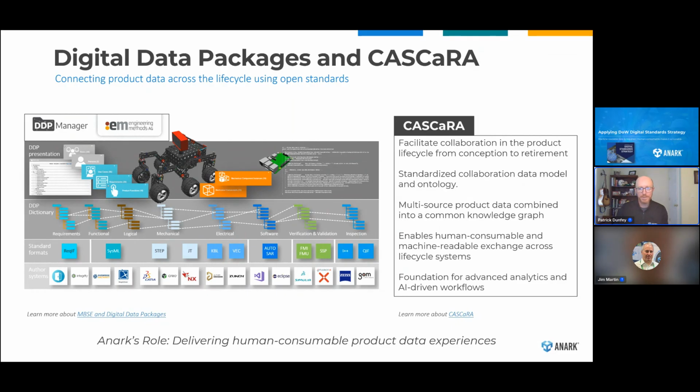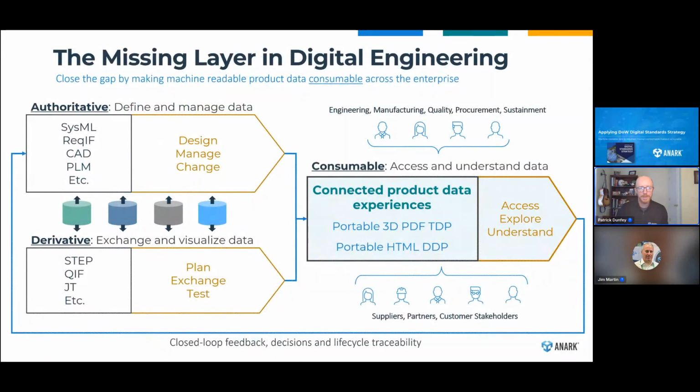What I will say related to that is this approach. The missing layer in digital engineering, being able to make that data consumable based off of the authoritative source, is the key, right? That's the bridge that gets us there.